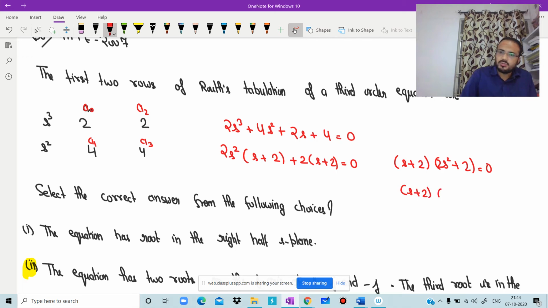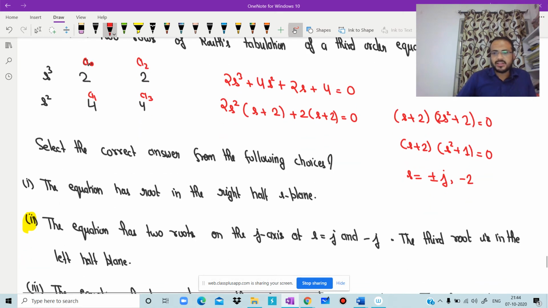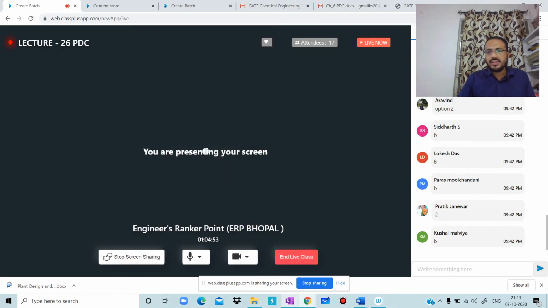S is plus 2 or s square plus 1 is equal to 0. S is equal to plus minus j and minus 2. So j, minus j, and the third root is in the left half plane because it is negative. Is there any rocket science in that question? Very good. Next question.